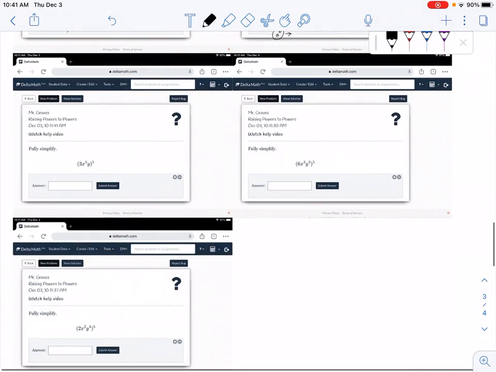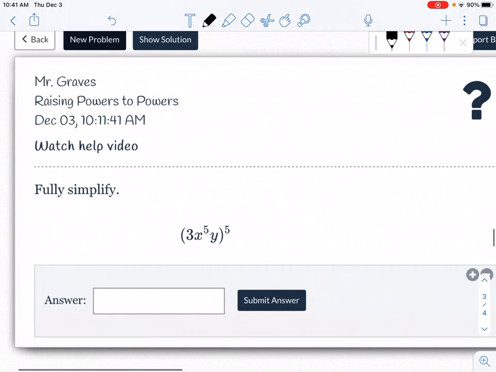Okay, just do a couple more examples here. So we have a 3, we have an x to the 5th, and we have a y to the 1st. And all three of those are getting a 5.